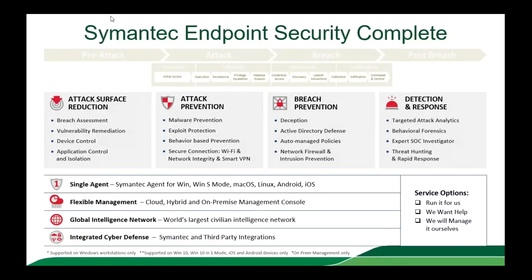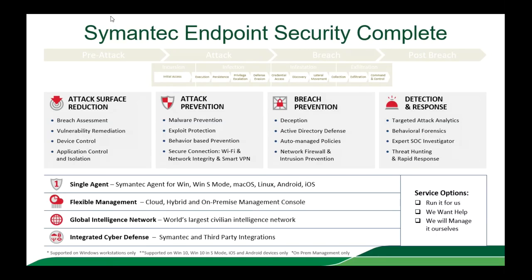So if an application is a risky application, we do what we call application isolation, whereby this application will run in isolation in terms of how it is able to interact with other applications on your device. So if this application, let's say, is vulnerable to an attack, the attack will only happen on that application and it will not affect your whole device or your whole PC.